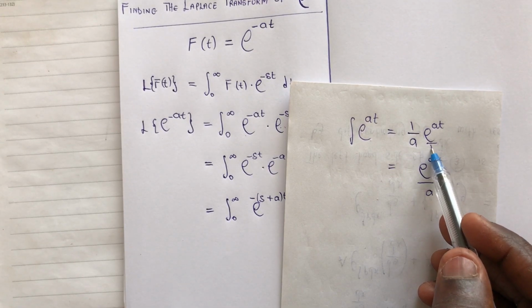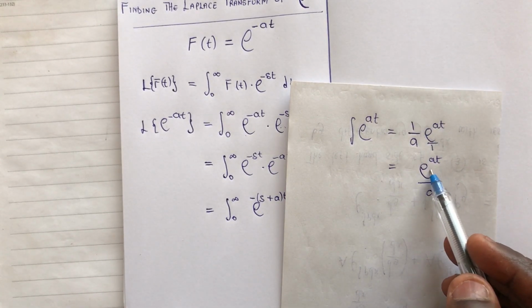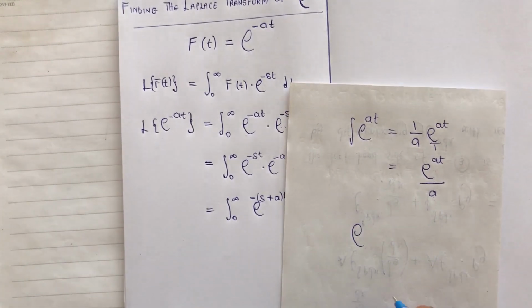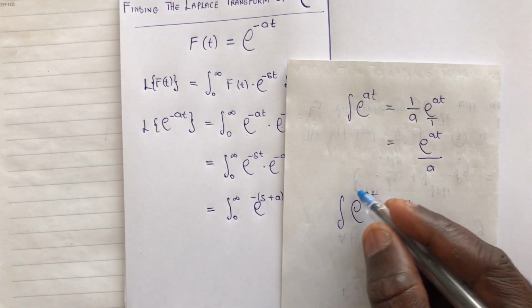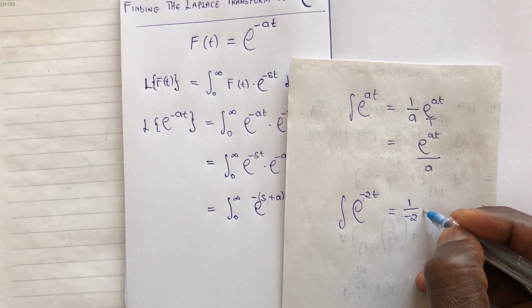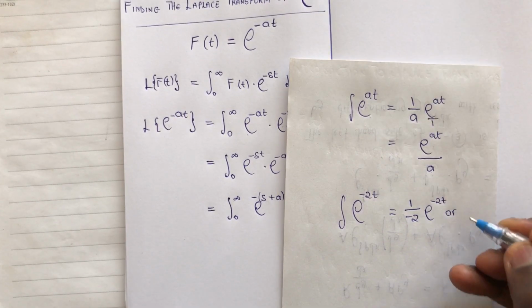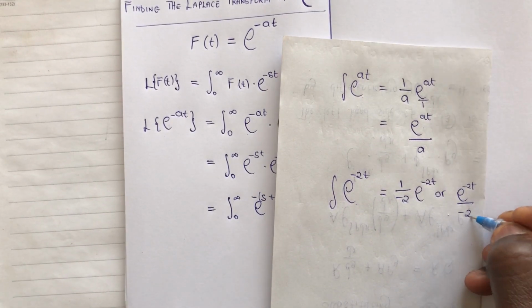So when I multiply 1 times a, I'll get this. 1 times e to the power at, I'll get this. So it's the same thing. So let's assume if we have something like e to the power, let's say minus 2t, then the integral of this is going to give us 1 over negative 2 e to the power minus 2t. Or the same as e to the minus 2t over negative 2.